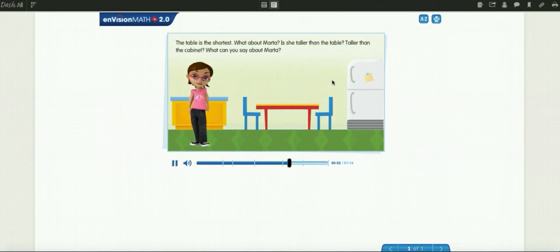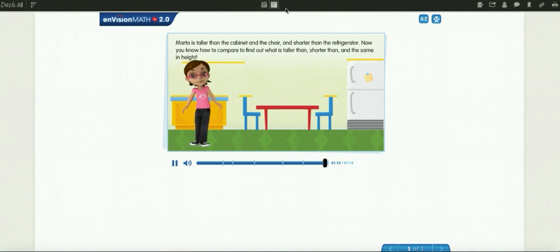What about Marta? Is she taller than the table? Taller than the cabinet? What can you say about Marta? Marta is taller than the cabinet and the chair, and shorter than the refrigerator. Now you know how to compare to find out what is taller than, shorter than, and the same in height.